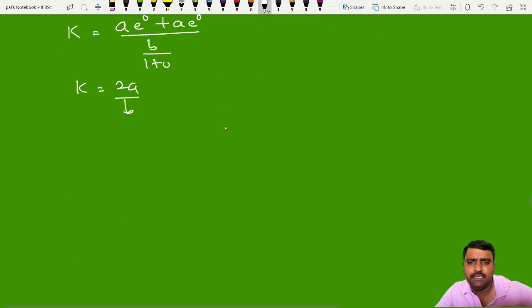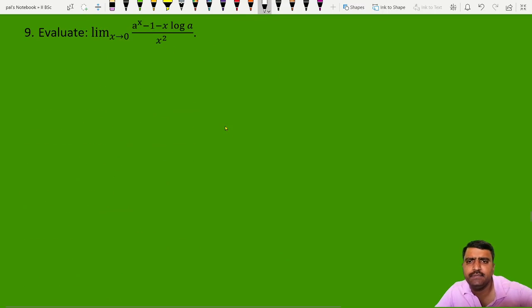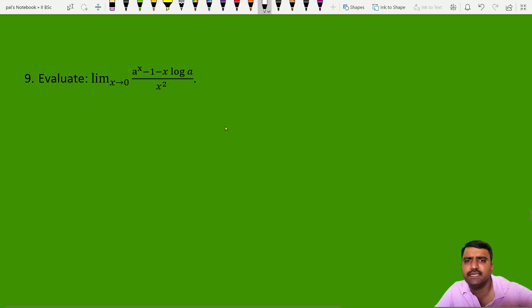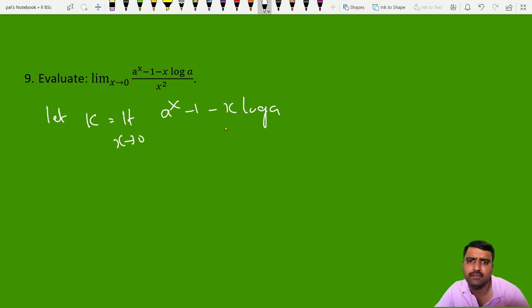Okay, similarly one more example is here. Limit x tends to 0, (a to the x minus 1 minus x log a) by x square. To evaluate this, let k is equal to limit x tends to 0, a power x minus 1 minus x log a, divided by x square.